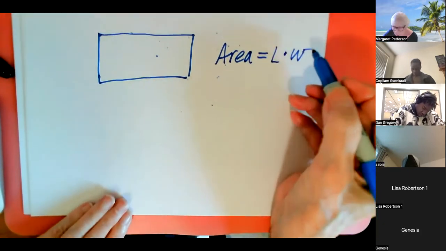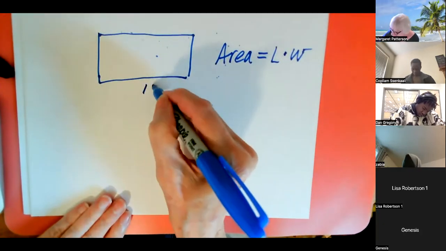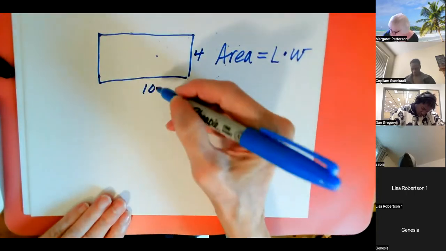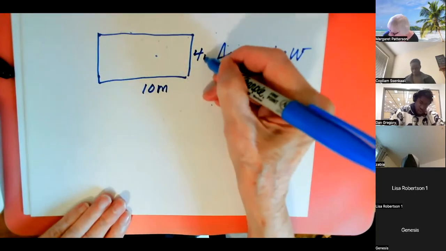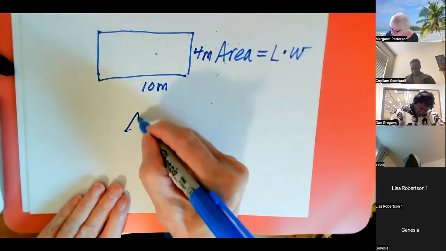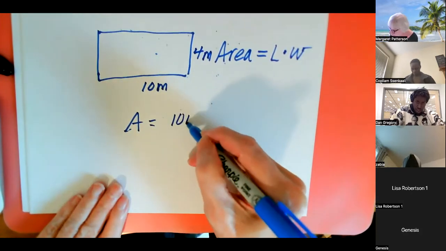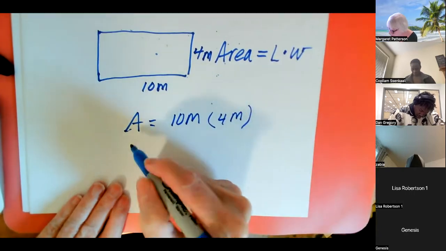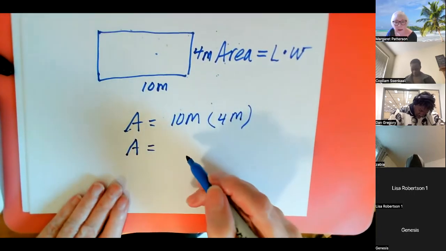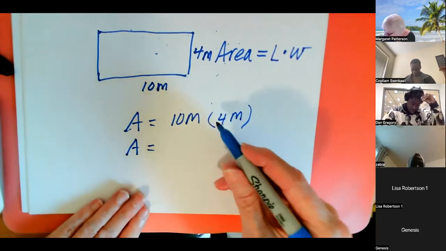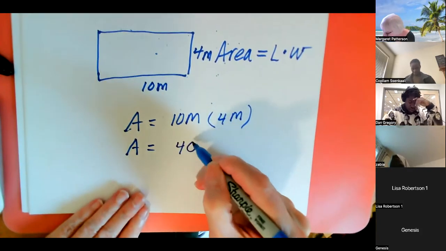So if this was 10 and this was 4, let's call it meters just to be cute. So the area would be 10 meters multiplied by 4 meters. What would be the area? 40. 10 times 4 is 40.